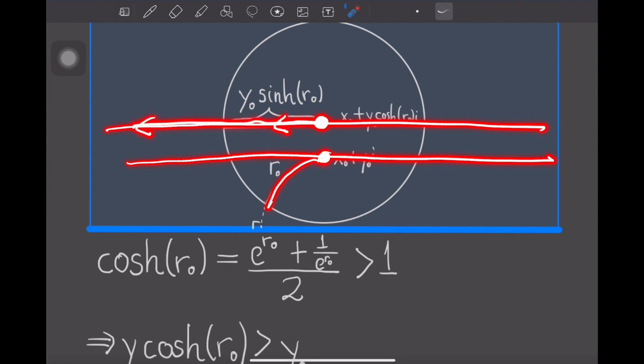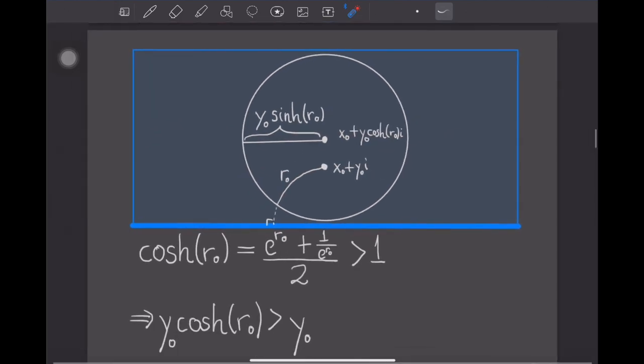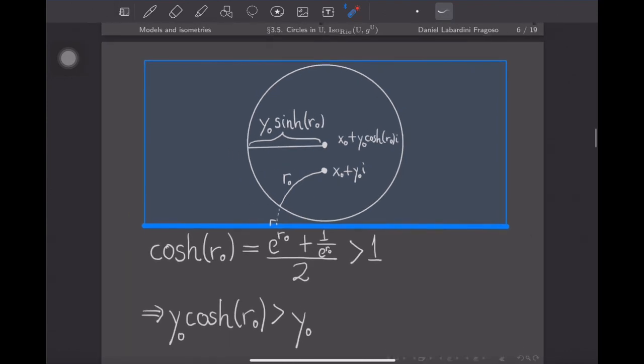But if you throw a horizontal shortest curve from the hyperbolic center, somehow that doesn't remain horizontal. It starts falling onto the real axis, falling onto R bar. So it seems that when you start drawing shortest curves in U, they are always somehow attracted to R bar.